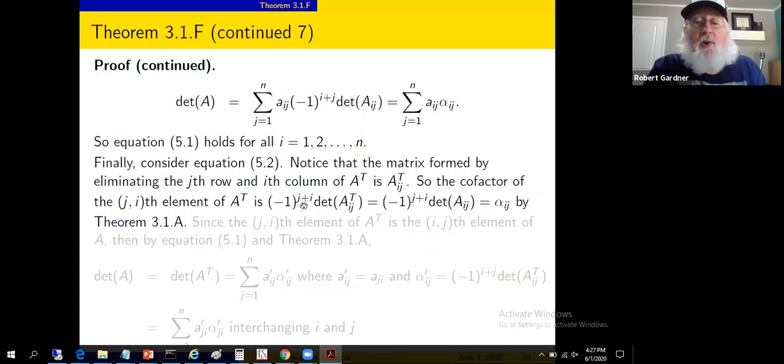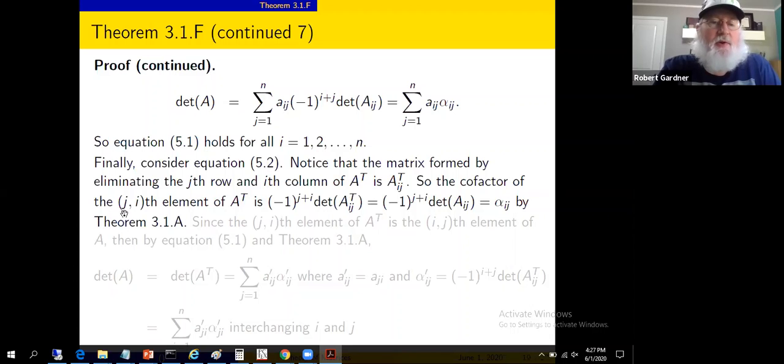Eliminating the jth row and ith column from A transpose is the same as eliminating the ith row and jth column of A itself and then transposing. So that should be at worst plausible. That's the relationship we get by this particular type of elimination. So I can relate these eliminated rows and columns in terms of transposes. We need that because we want to interchange the roles of rows and columns.